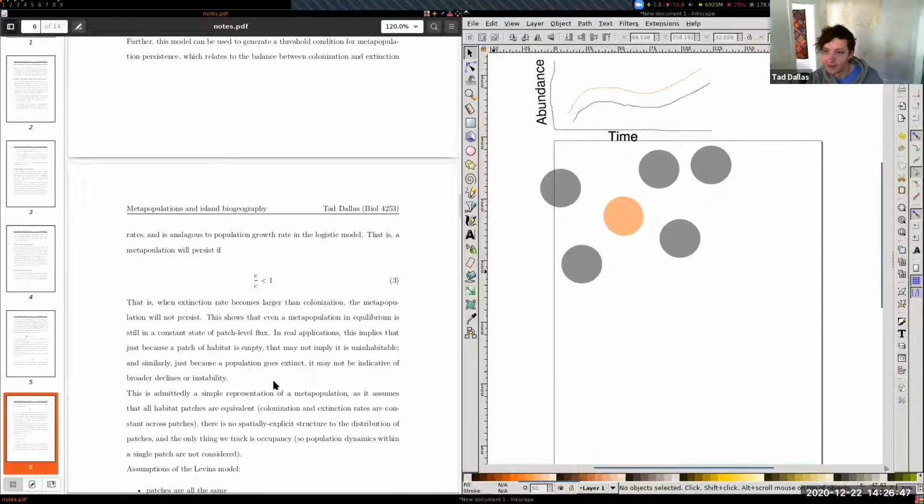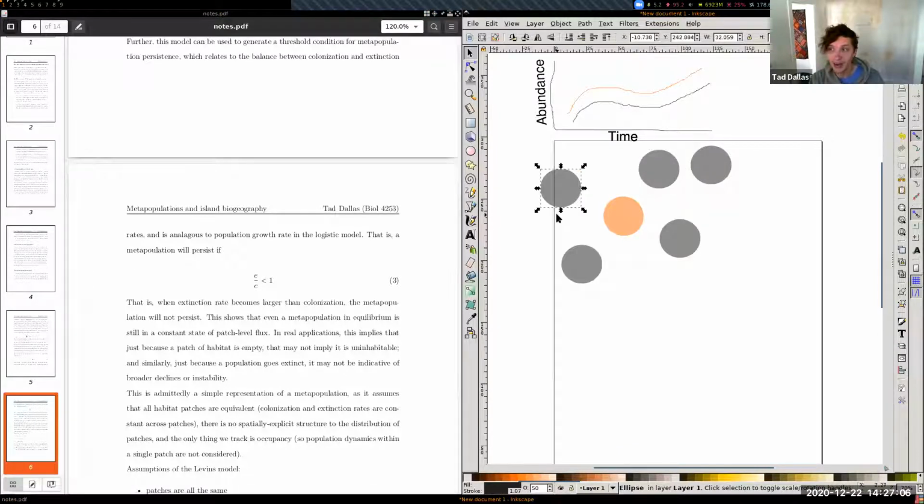All right. And so the Levins model is pretty classic. It's pretty foundational to our understanding of metapopulations. But it's important to note how many simplifying assumptions this model makes. Space is not considered.